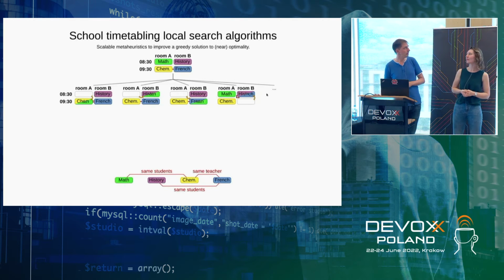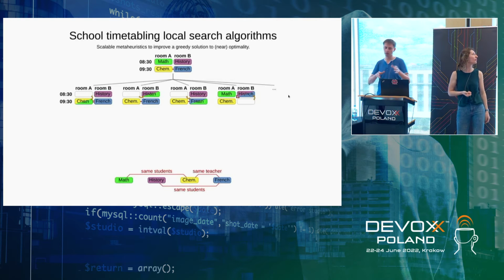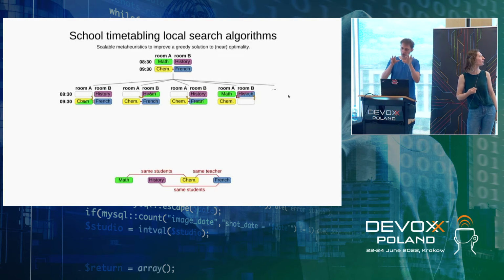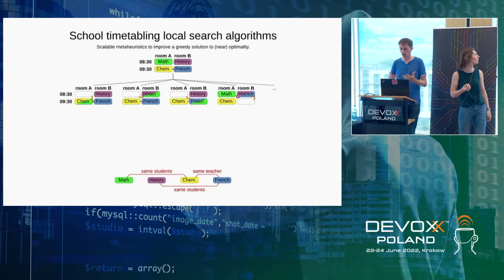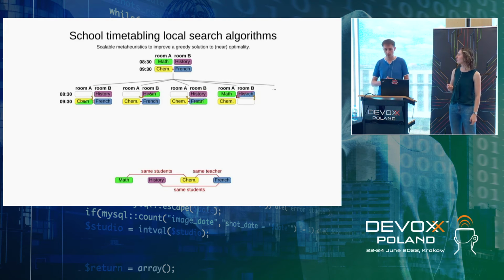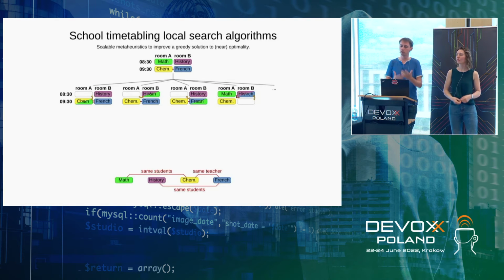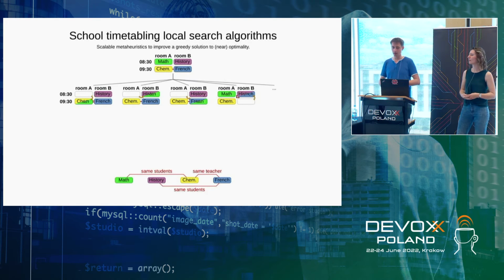And you create what we call moves, and there's many of these, and you subsample with some smart algorithms and certain methods. You select some of these to actually evaluate, and the one you evaluate that works best, you might or might not take. If it improves the solution, you take it. If it doesn't, there's again a whole bunch of algorithms to decide when you do and when you don't.